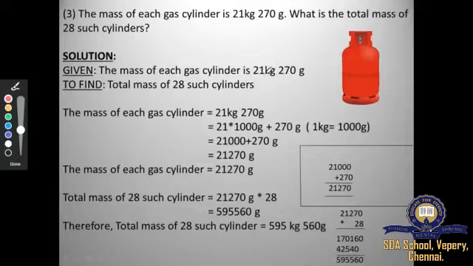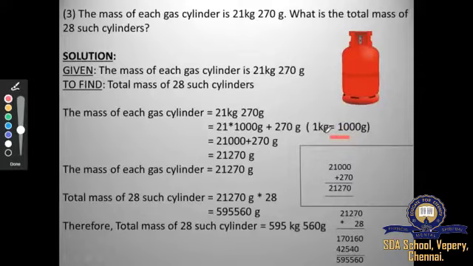When you look at this, the mass is given in two units, that is in kg as well as in grams. So, we have to convert it into a single unit. The mass of each gas cylinder is equal to 21 kilogram 270 gram. We are converting the kilogram to gram here. 1 kilogram is equal to 1000 gram.